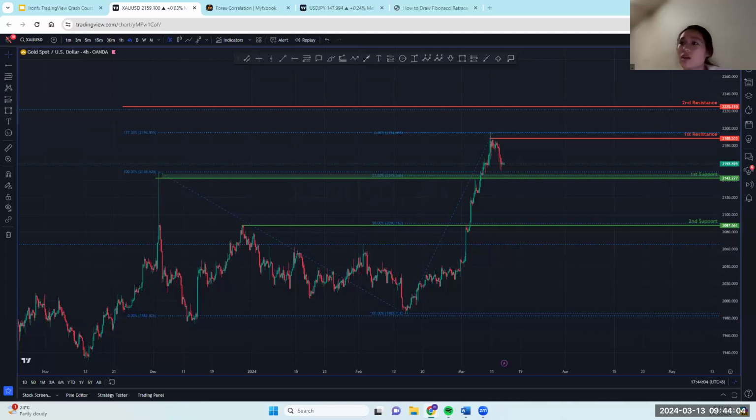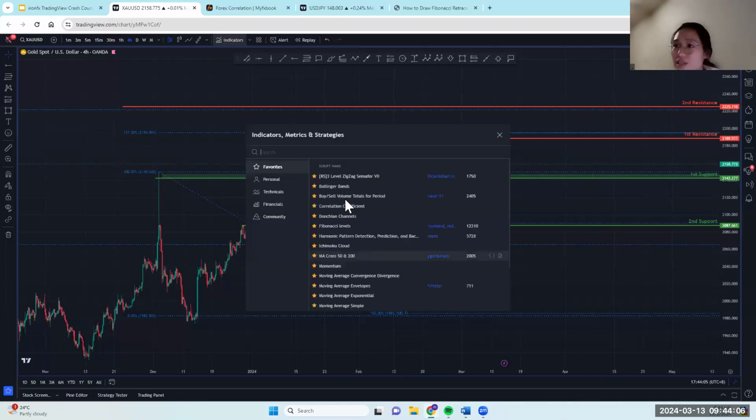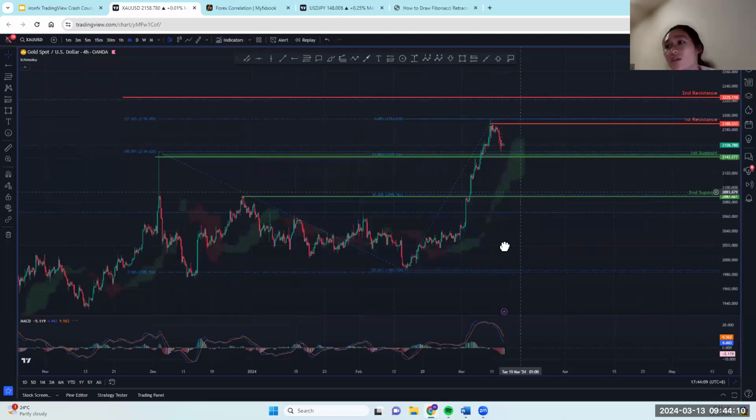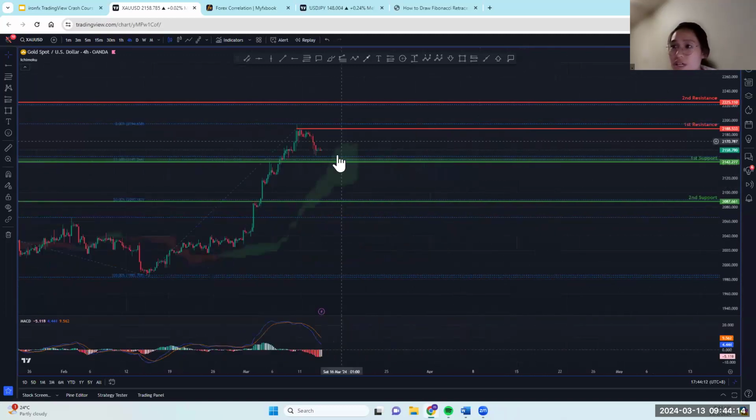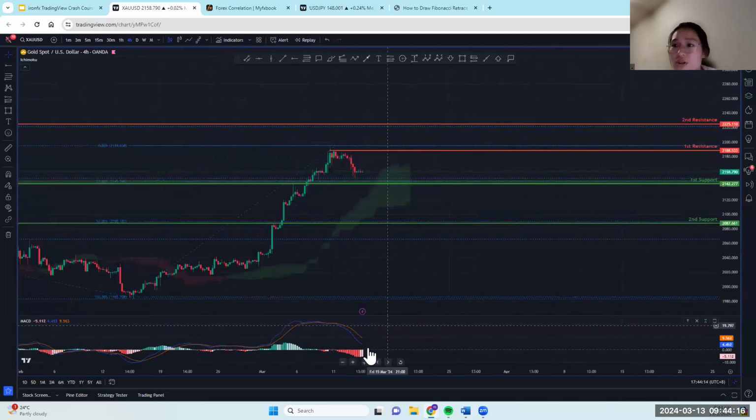Okay, so let's look at some indicators to support this analysis again. You can see price is moving above the Ichimoku cloud, giving us a bullish signal, whereas MACD is giving us a bearish signal.